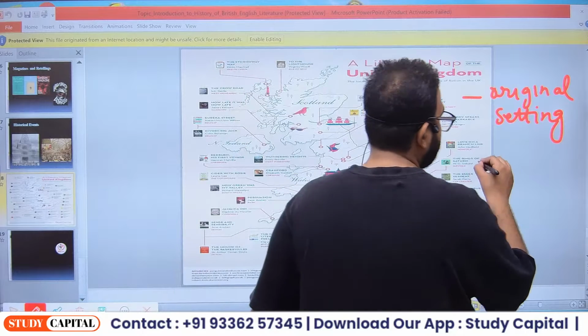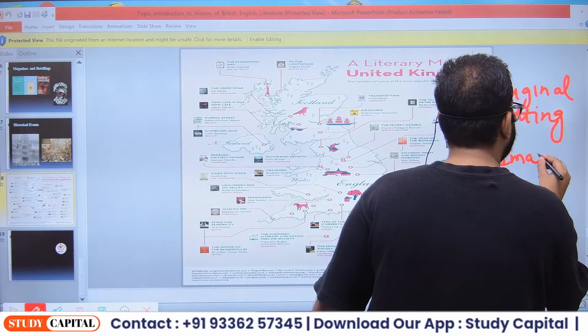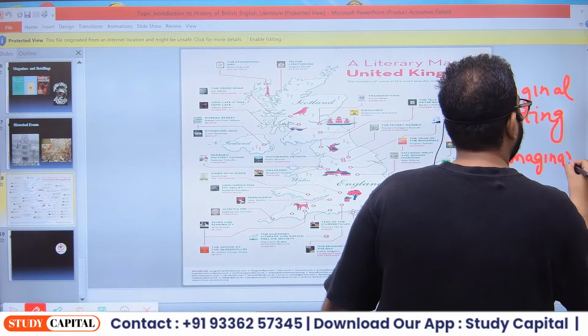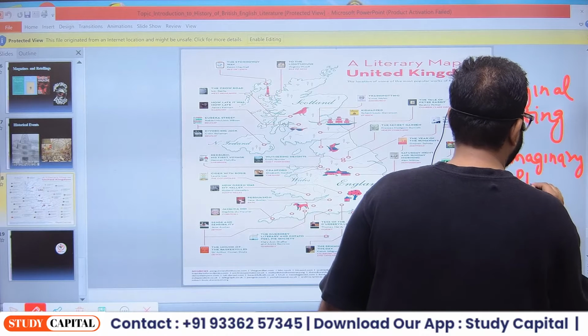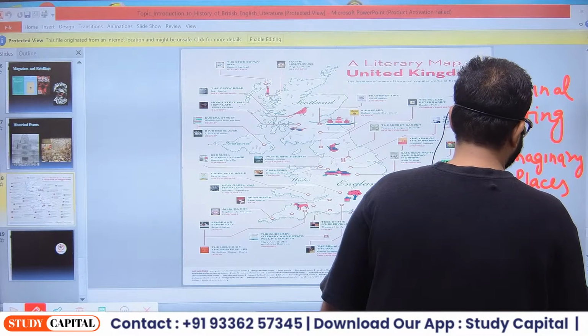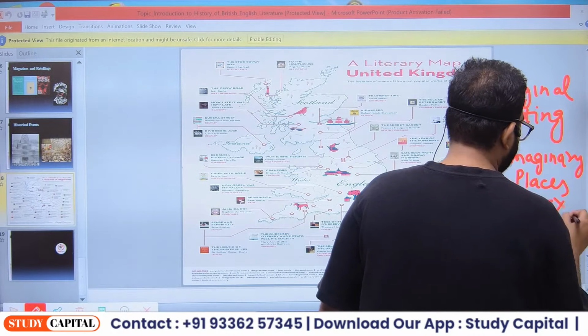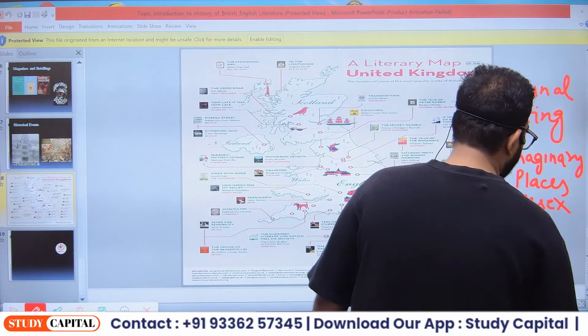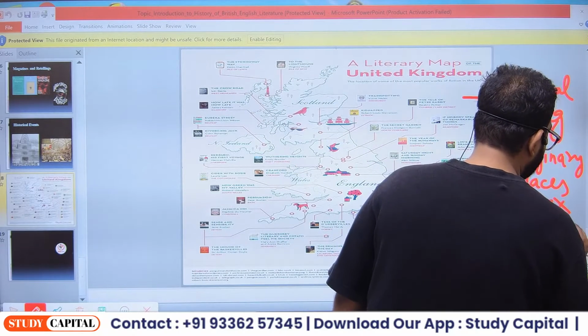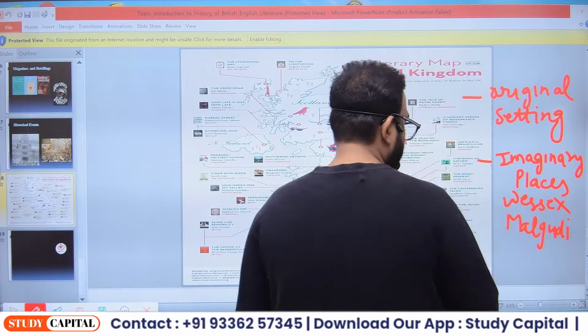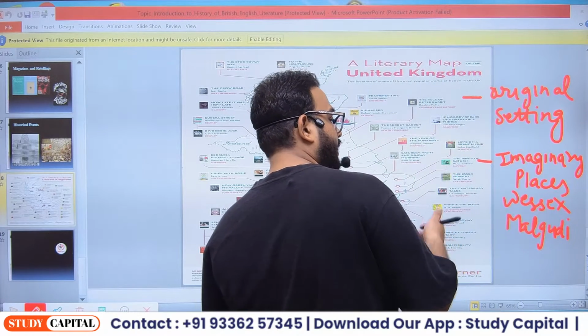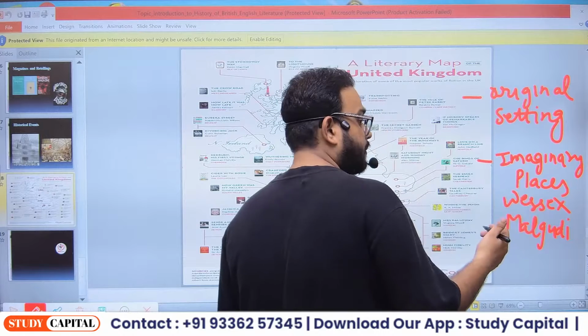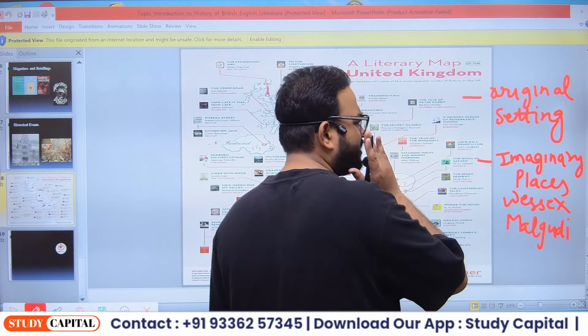And if there are imaginary places, then again it's important, because there are people like Hardy, for example, who created this place called Wessex. There are people who created places like Malgudi in the Indian context, or in the American context, you have a very important writer who wrote Absalom, Absalom! and many other important texts.